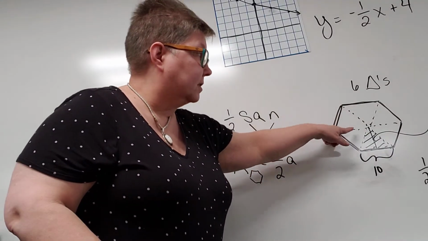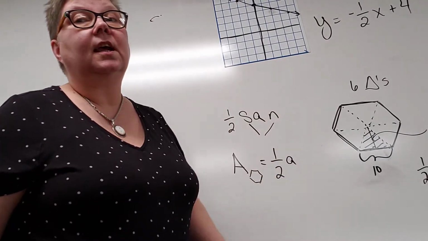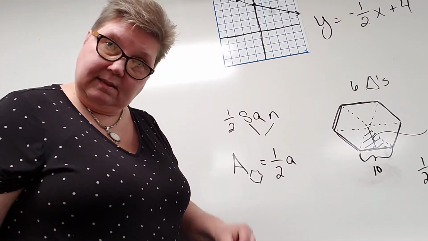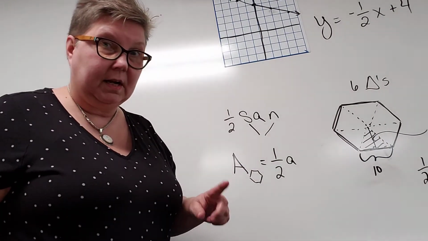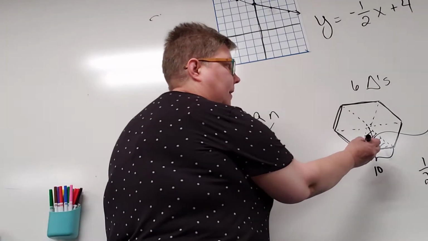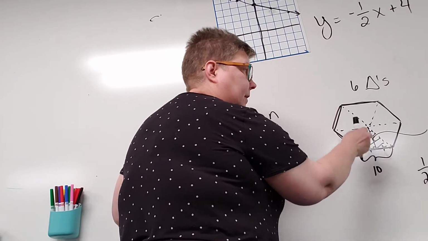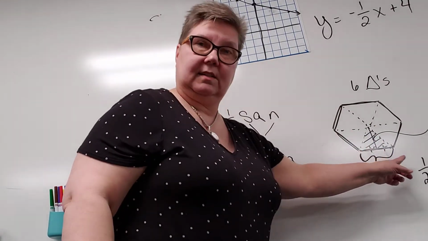So if they give you something to the vertex, you're going to have to use the Pythagorean theorem to get what the apothem is. Remember, the apothem is going to split that side.